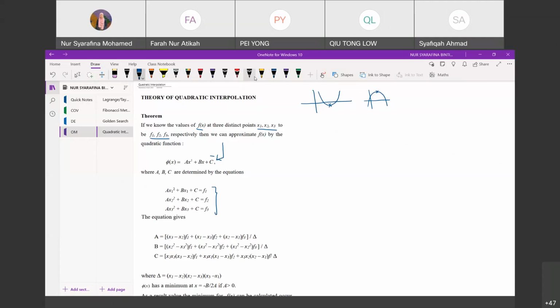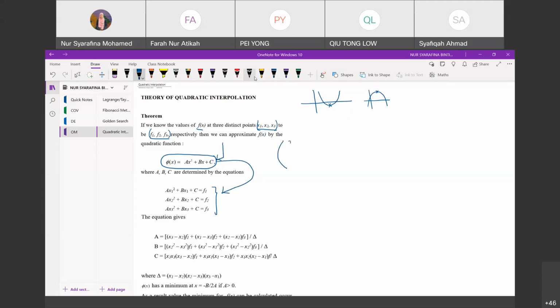So this is the general form of the quadratic function, and if this quadratic function gives you three distinct values, then we can find a, b, and c by solving this using a matrix system. So let's form the matrix system from this quadratic function.